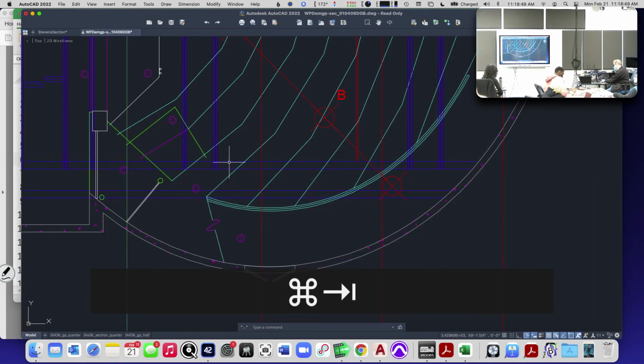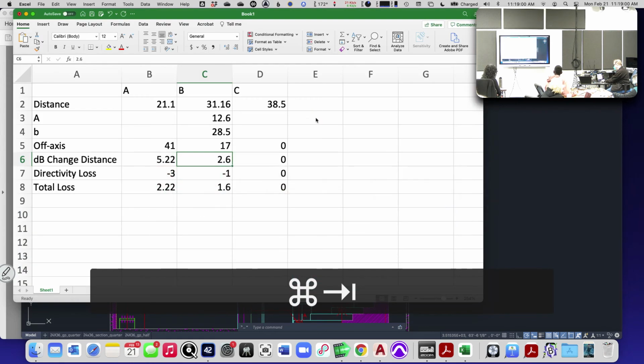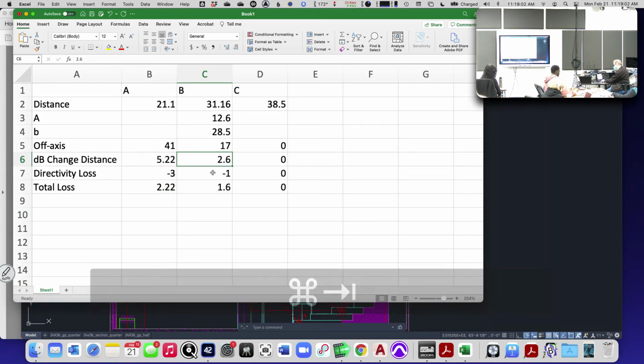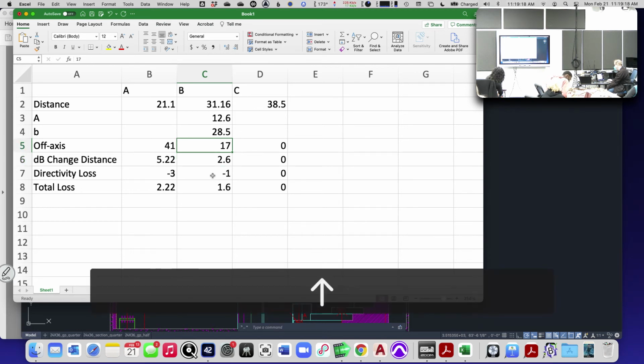We know that this is now on axis, right? And we know that our vertically off axis will be the same amount, right? Because we know that we are still, from an angle point of view, vertically the same. We're on the same middle row. Okay, we've just moved over to the side. So it's the same vertical angle, which means we have the same off-axis angle and the same directivity loss.